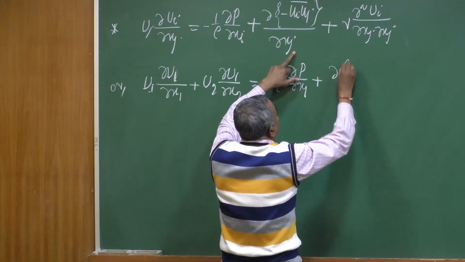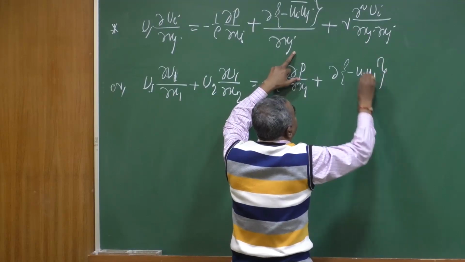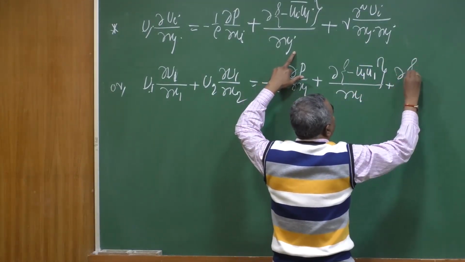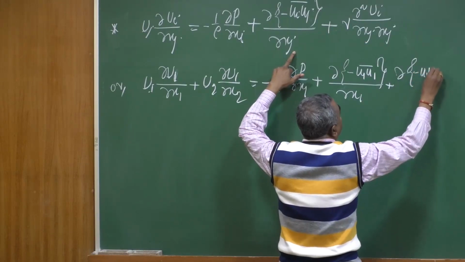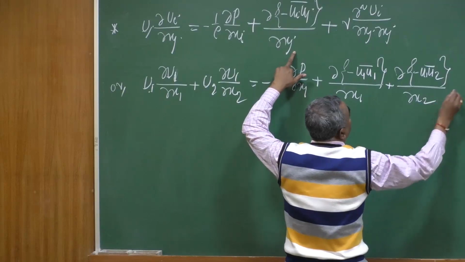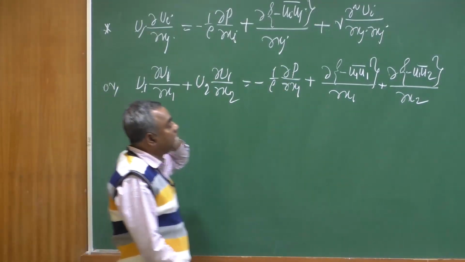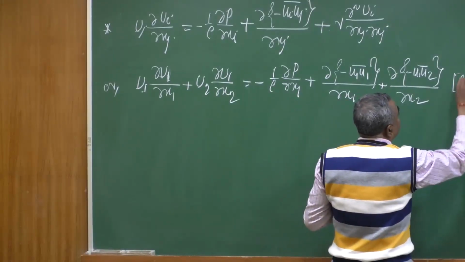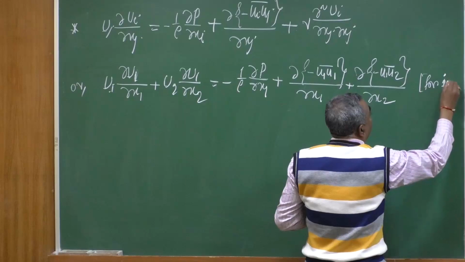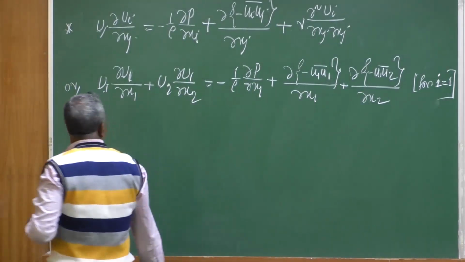One is minus 1 by rho del p bar by del x1 plus del u1 u2 bar by del x2. And the viscous term we have neglected. This is once again for i equal to 1 only.